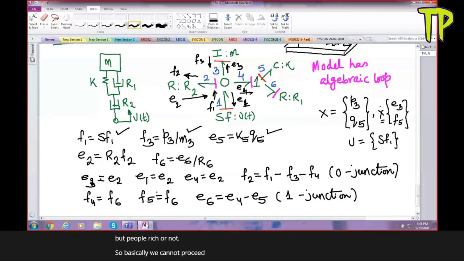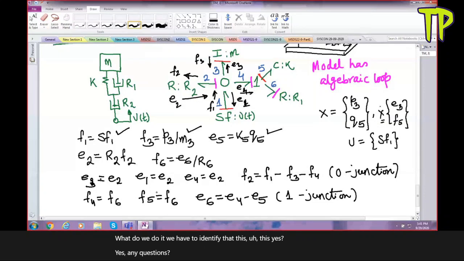We are stuck. So this is what an algebraic loop is. In an algebraic loop, you are unable to proceed by substitution. So what do we do when we have this kind of situation? We have to identify this algebraic loop. Any questions?